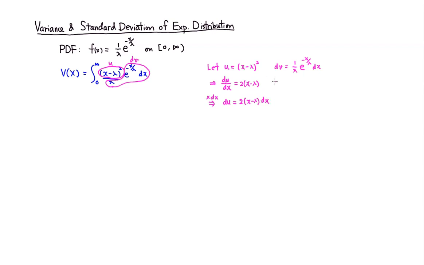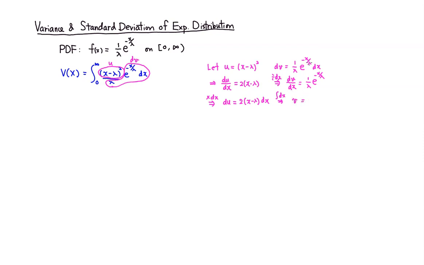For this one, we divide through by dx so that we see dv over dx, the derivative, is 1 over lambda e to the negative x over lambda. Then we simply take the antiderivative to find v.